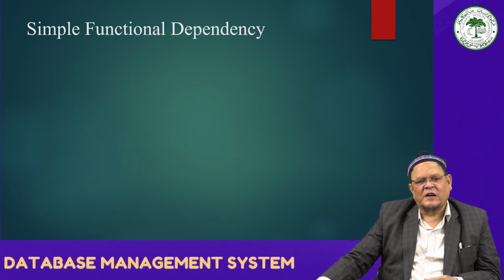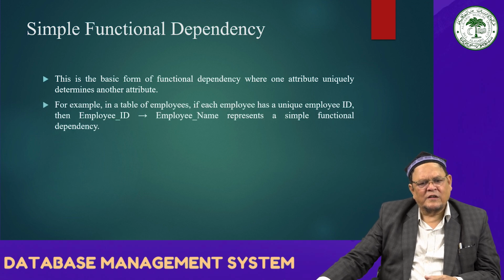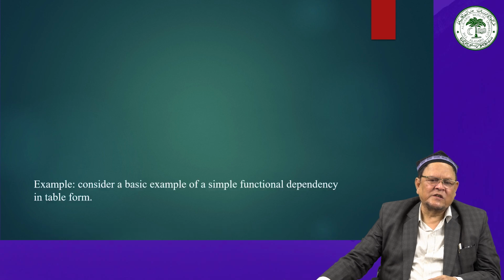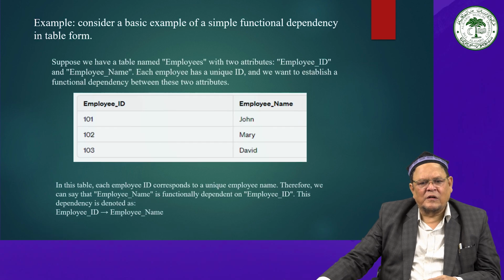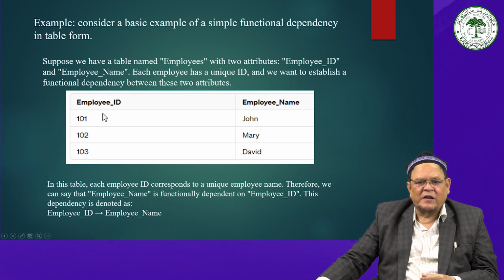So let us start with simple functional dependencies. These are the basic form of functional dependencies where one attribute uniquely determines another attribute. For example, in a table employee, each employee has a unique ID. Then employee ID determines employee name, represented as a simple functional dependency. In the next example, you can see on the screen the employee ID and employee name.